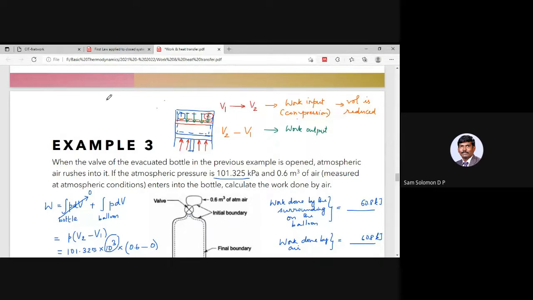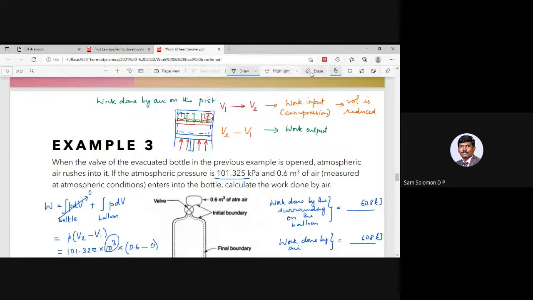In the first case, it is work done by external air on the piston, or to say it in other words, work done by the piston on the gas inside the cylinder.